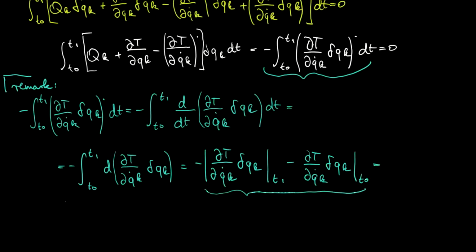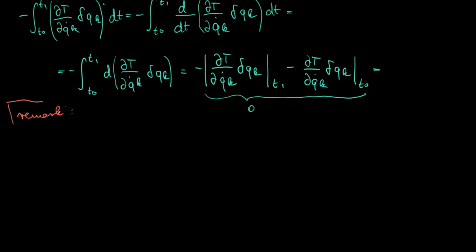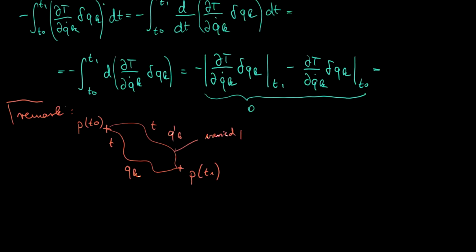Its value will be 0 because, as we recall from the virtual displacement theory, between the two points the virtual displacement can have any value, but at the boundaries, at t0 and t1, it equals 0. As a reminder, I show you how we get this 0.